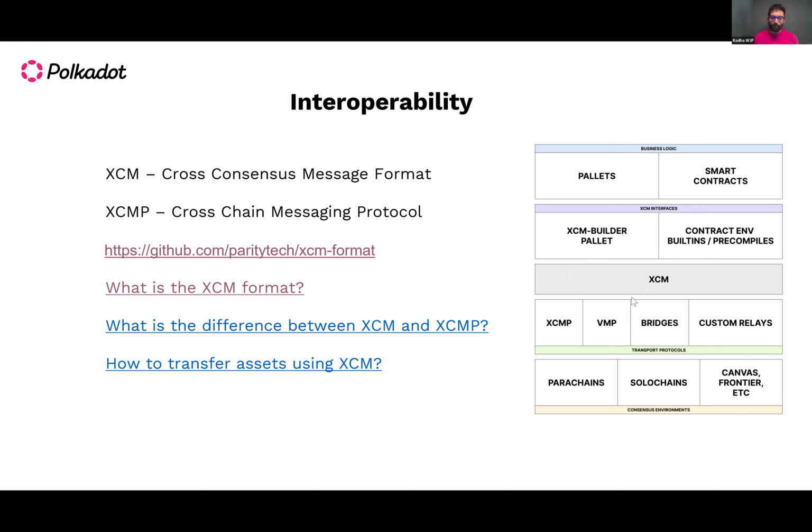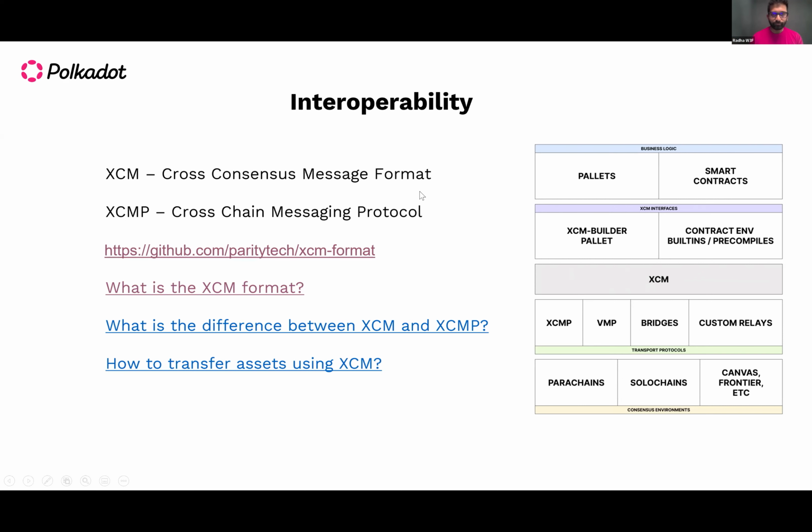Let's say I want to send parachain token A from parachain A to parachain B. What are the instructions that I give? A common messaging format that I'm going to stick to, and the implementation is not dependent on that. It's native to the blockchain.